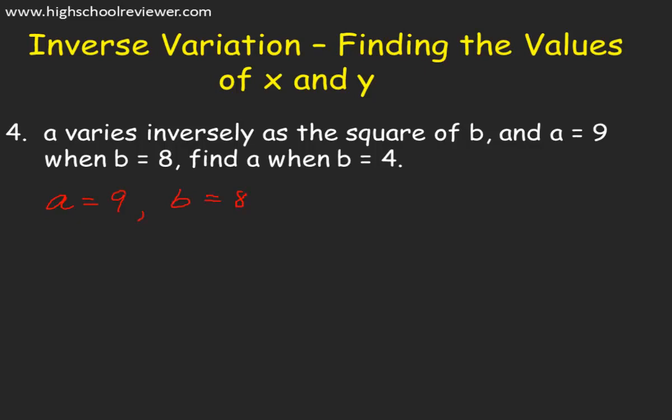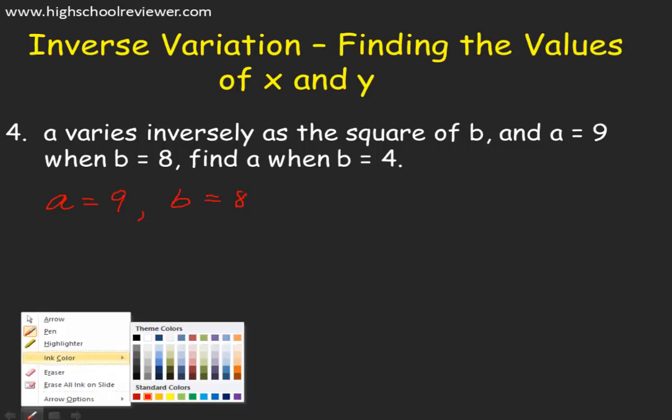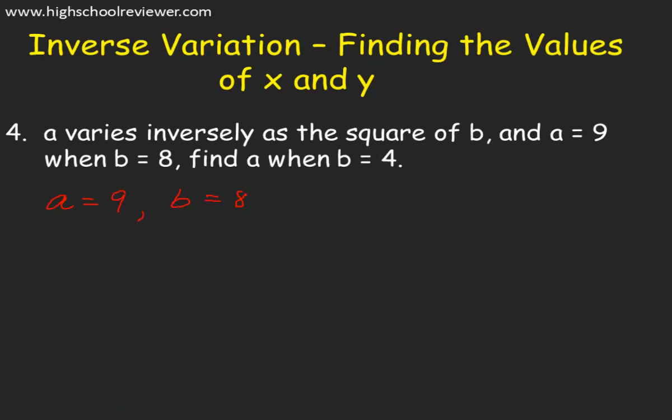Our equation will be based on the problem, and that is a varies inversely as the square of b. So our equation will be a multiplied by the square of b. So that is a times b squared equals the constant of proportionality, which is k.